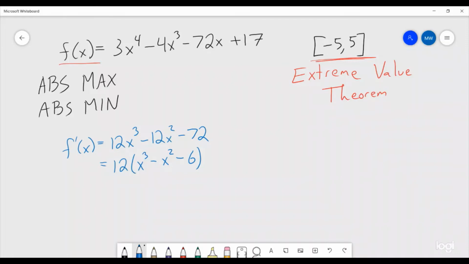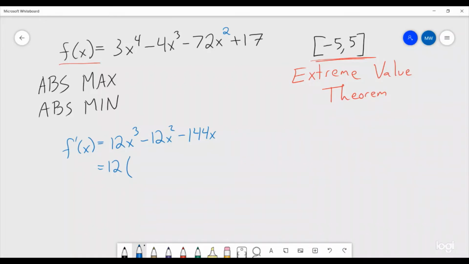Let's tweak this just a little bit and make it 72x squared, just so that it's able to be done. Then the derivative is not going to be minus 72, but is instead going to be minus 144x, which again we can still pull a 12 out of.